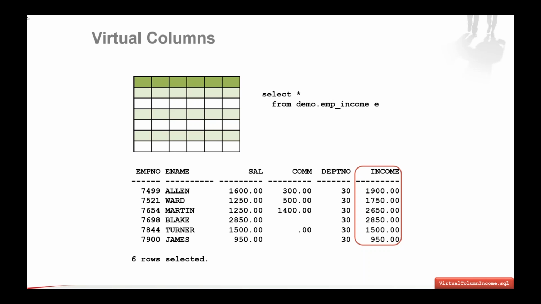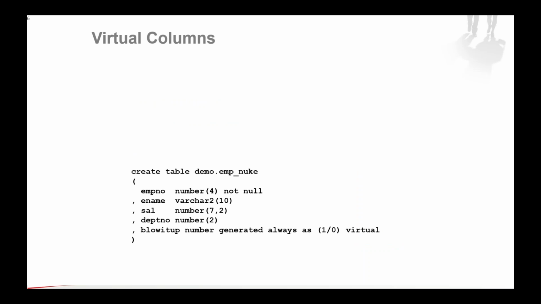As you can see, I did a select star. I don't really like people doing select star from any table, because if I change the table, then stuff might break if you don't use anchoring, etc. So just to make sure people don't use select star, I create a new table with a column, blow it up. It's generated always as 1 divided by 0.